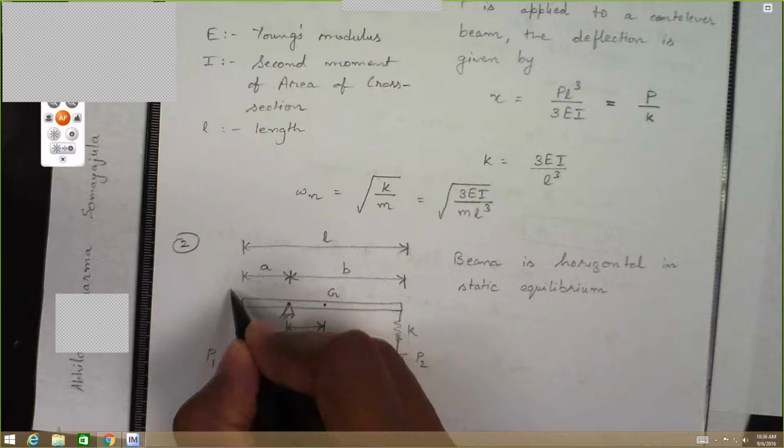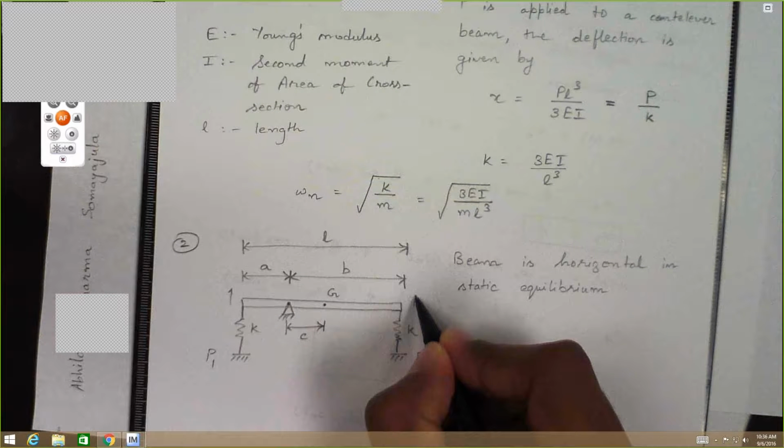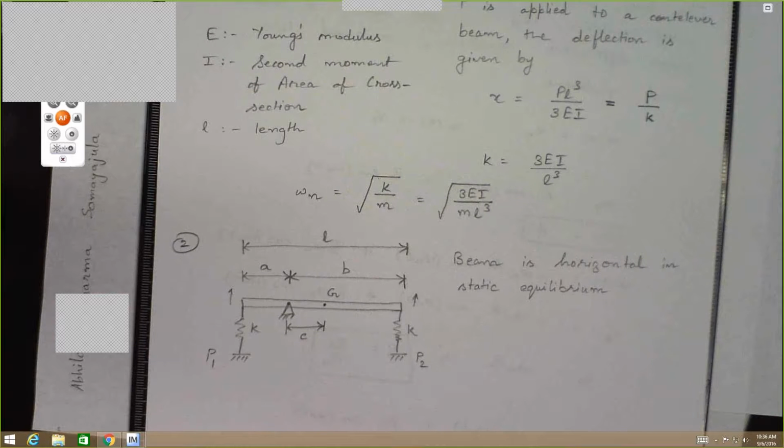So the static forces are acting upward. But we will see that since we are again basing our assumptions that we are going to start from the static equilibrium point as the origin point, the static forces will not result into our final equation of motion for the dynamics.